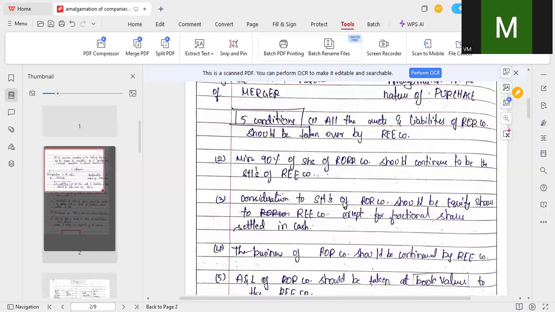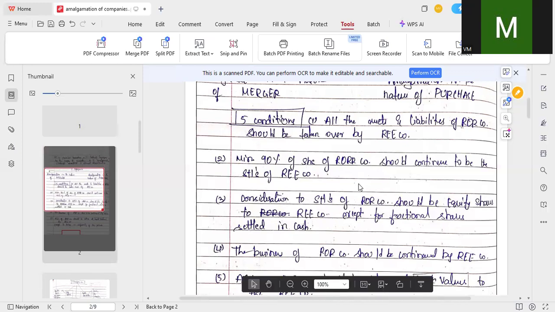In that case, it won't become a merger. If any one of the five conditions is not satisfied, it will become amalgamation in the nature of purchase only. See, this is very, very important to solve the problems.